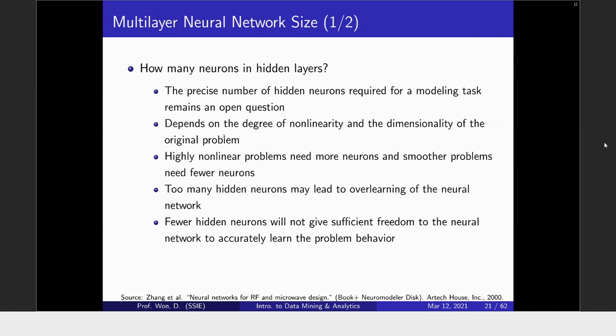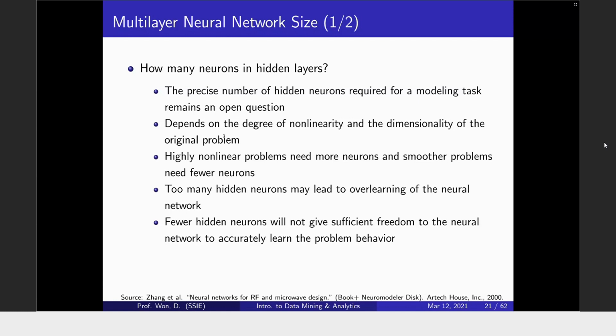For example, if our problem is very easy, very trivial, we don't need to keep many neurons in the hidden layers. But if the decision making to be done in the neural network is very complicated, for example, we need to consider many different kinds of information, then we need to keep a higher level of non-linearity and dimensionality, and we would like to keep more neurons in the hidden layer.